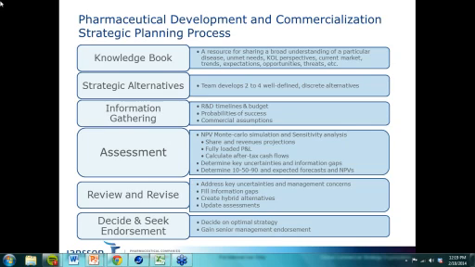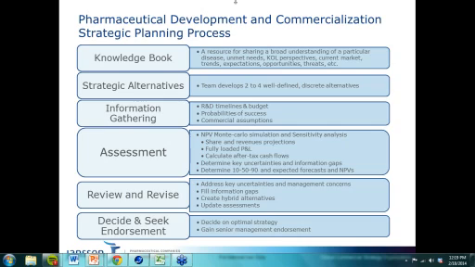Then with the simulation, you determine your 10th, 50th, and 90th percentile of your net present value, and you also conduct a sensitivity analysis to determine your key uncertainties and where are your information gaps.